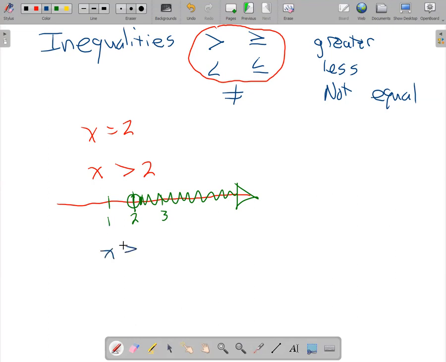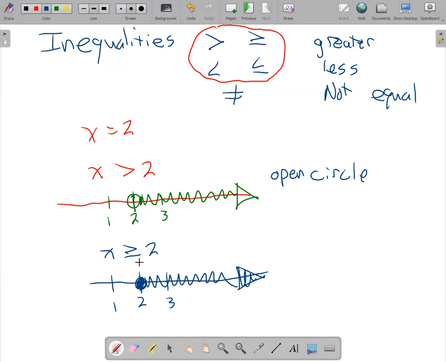Versus something like x is greater than or equal to 2 on a number line. Any number to the right is acceptable. So I shade that somehow, and then I put a closed shaded circle to indicate I can use 2 because of the equal to. So if it's just a greater than or a less than, it's an open circle.